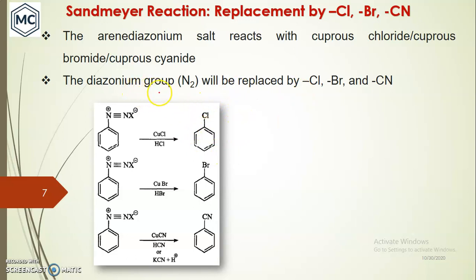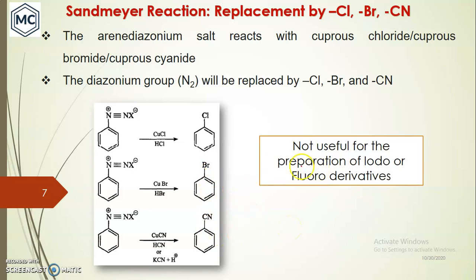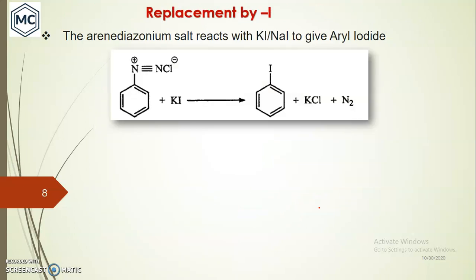The diazonium group N2 is replaced by chlorine in the first case, bromine in the second, and cyano in the third. This method is not useful for the preparation of iodo or fluoro compounds.